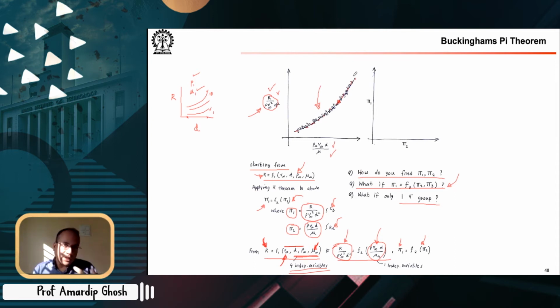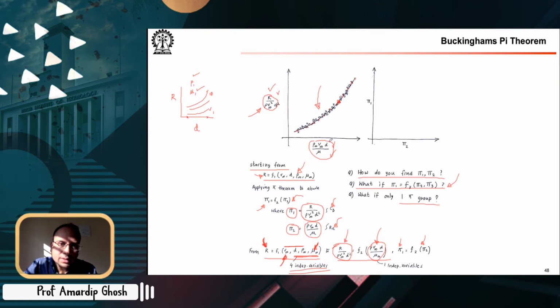Now you give this plot to someone, and they need to find the drag force on a cylinder of a certain d, in a certain v infinity, rho infinity, u infinity, mu infinity. So they would plug in these numbers for their particular requirement.